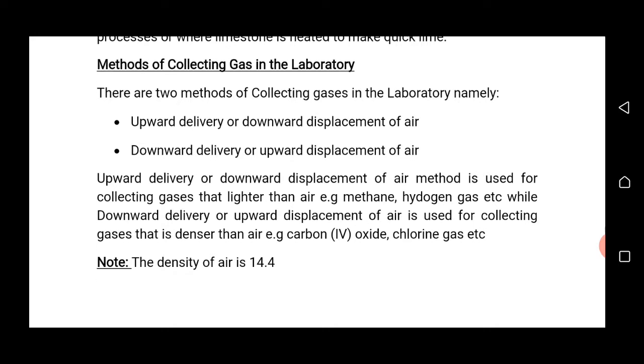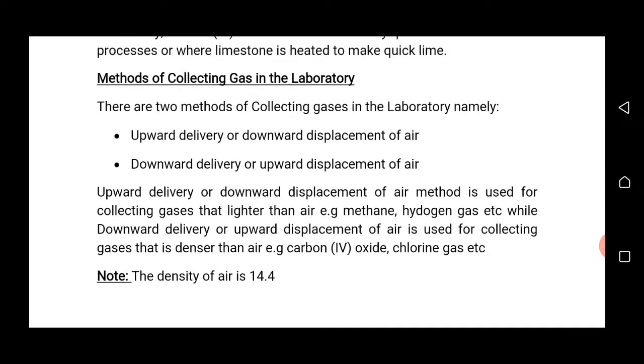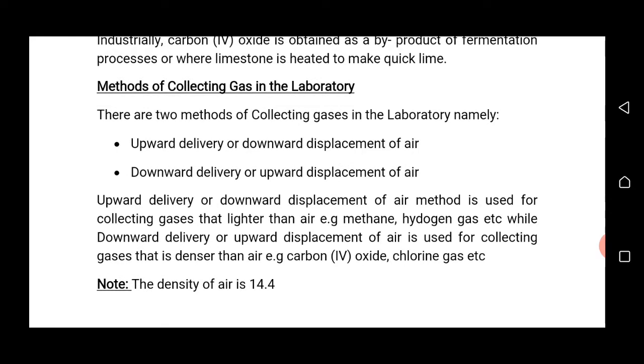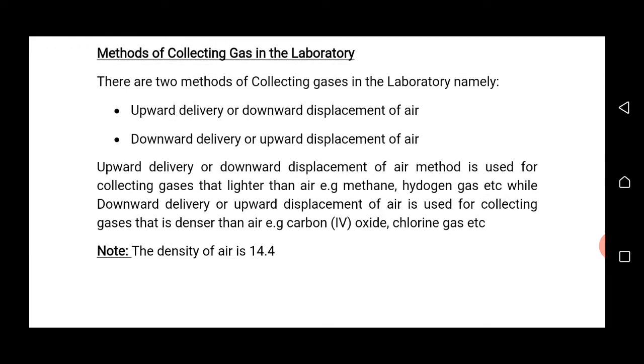What are the methods of collecting gas in the laboratory? This particular method is for all gases. There is a way of collecting gases in the laboratory.